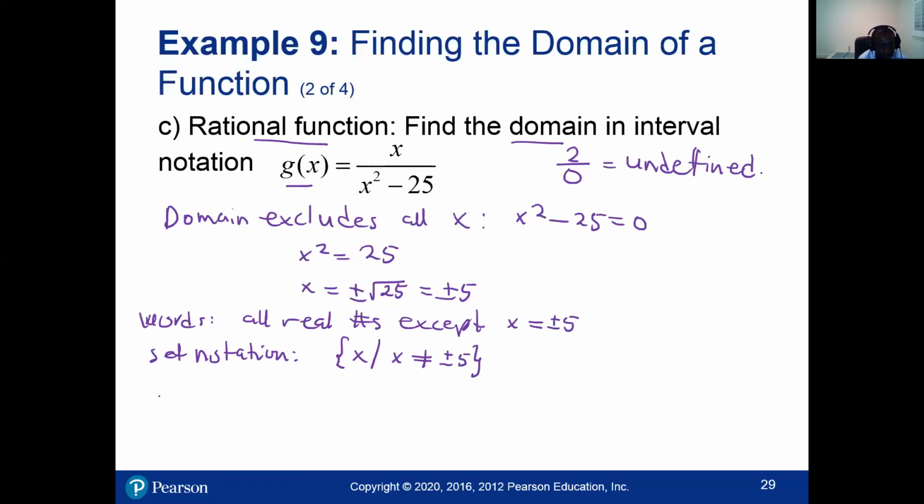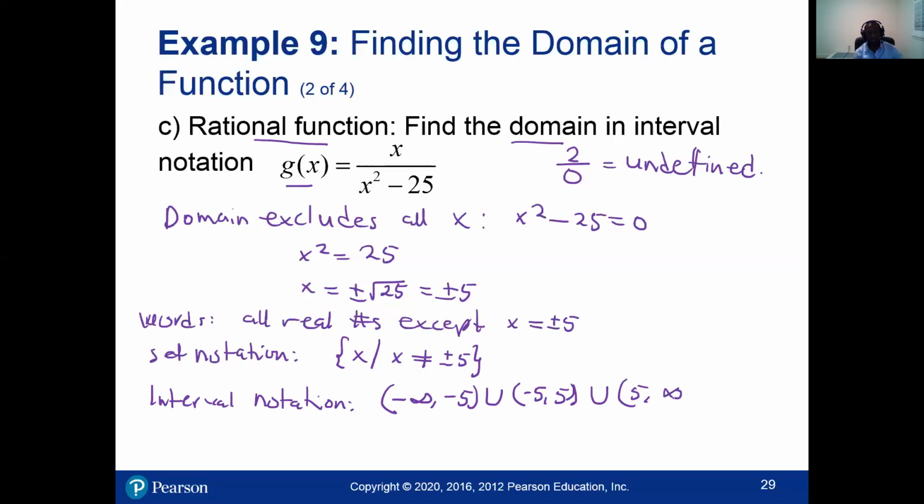Then in interval notation, it is from negative infinity to negative 5, union negative 5 to positive 5, union 5 to positive infinity. So that is how you write the interval notation for the same domain.